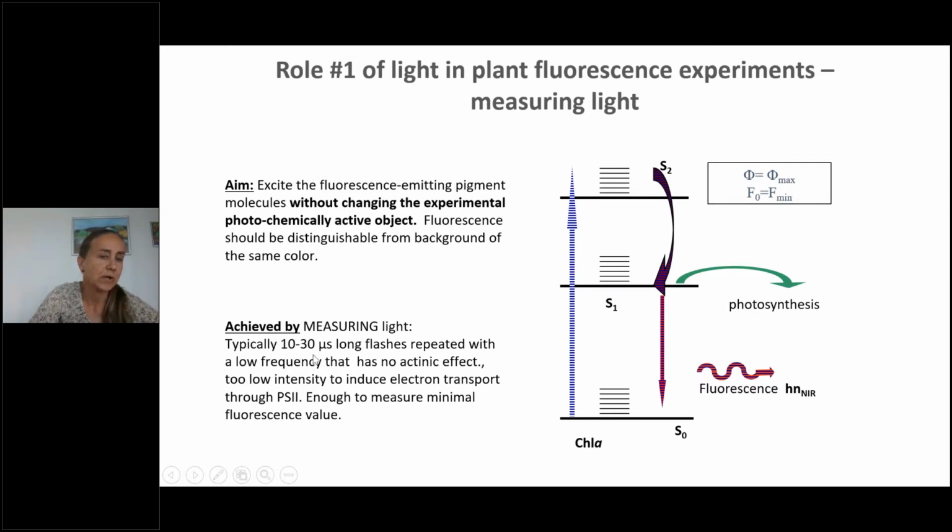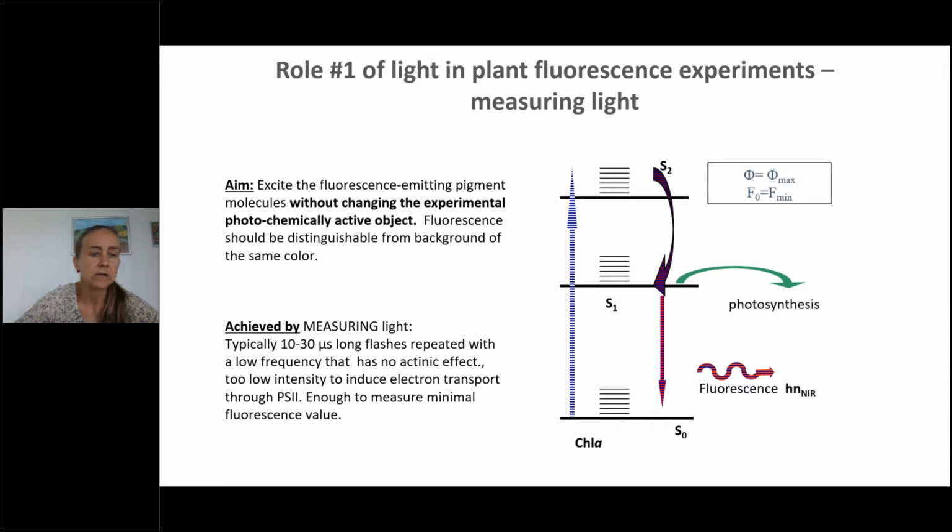The measuring light is typically 10 to 30 microsecond long flashes with precisely repeated low frequency of application. The key point is that the rate and intensity of the measuring light is not causing any actinic effect.